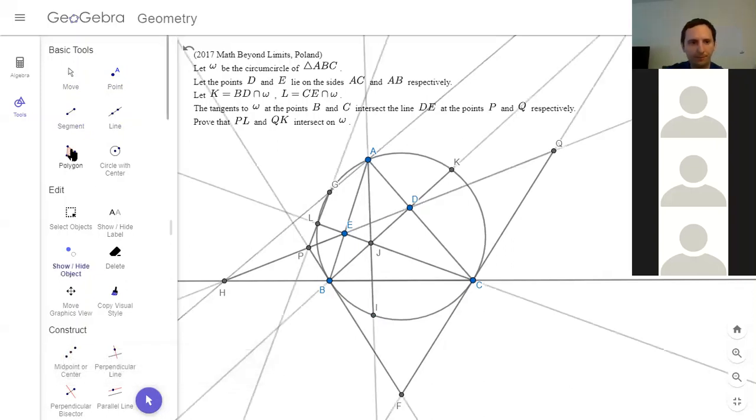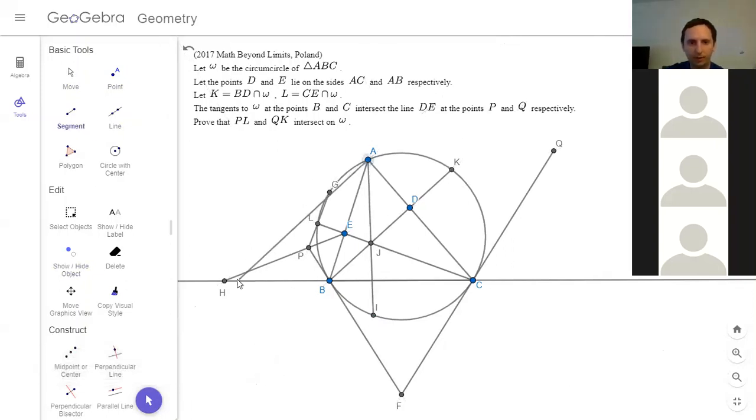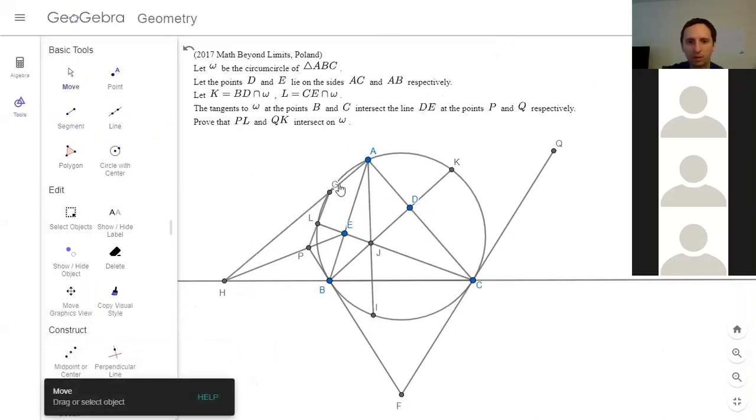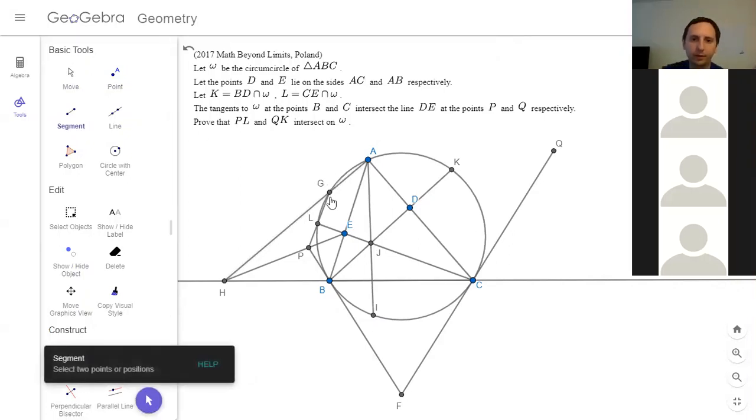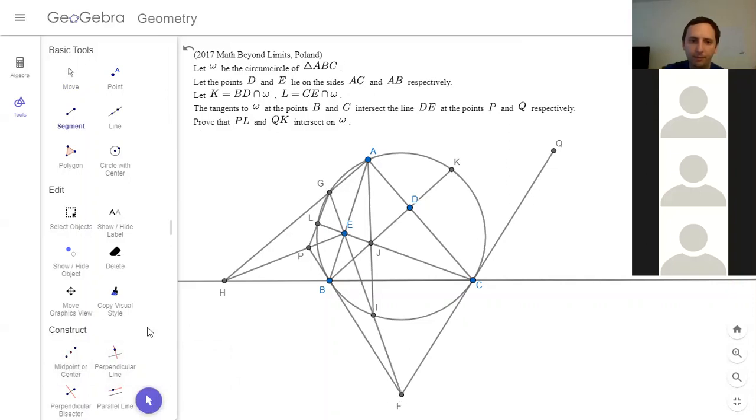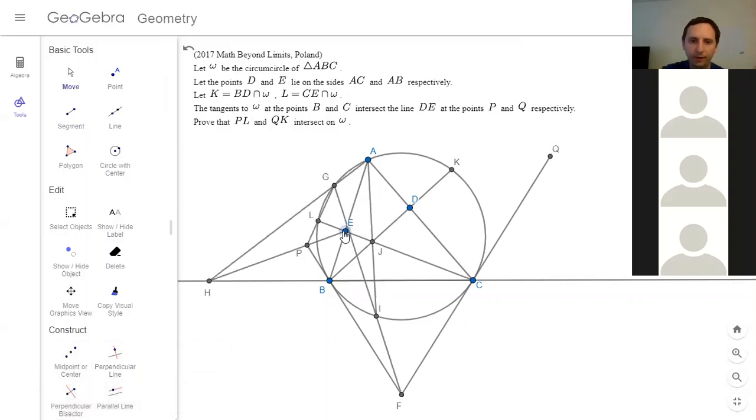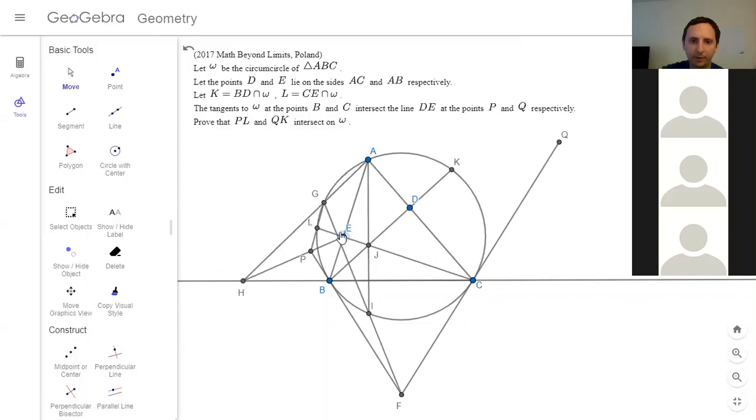Let me just hide this for now. It suffices to show G, I, and F are collinear. Obviously it doesn't pass through E.